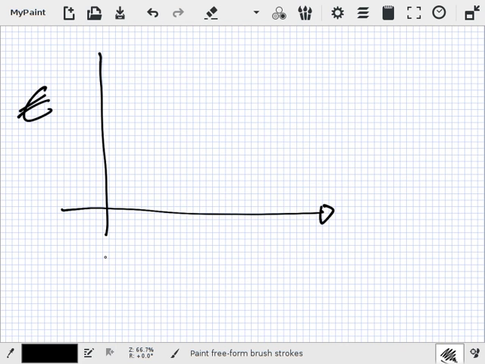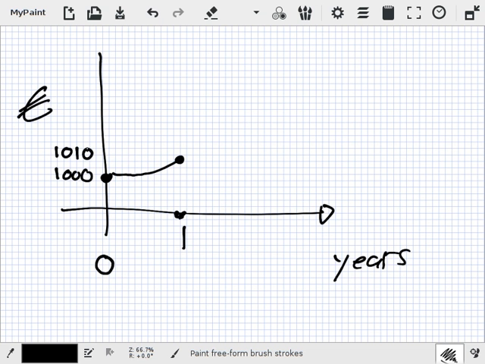You start off at year 0 and you put some money in. Let's say we put in 1,000 euros, and then 1 year later it will increase to, let's say, 1,010 euros. Now, I know that doesn't seem impressive, but this graph is actually exponential.